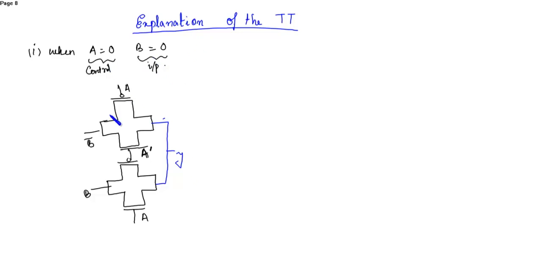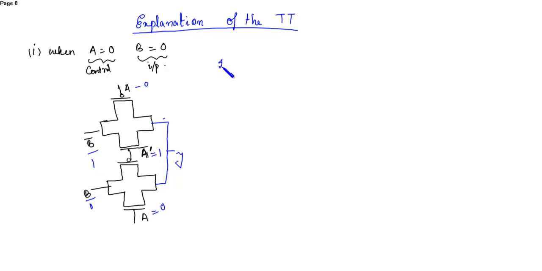So if A is 0, then this A will be 0 and this A bar will be 1. So A is 0 and A bar is equal to 1. B is 0, B bar is equal to 1.